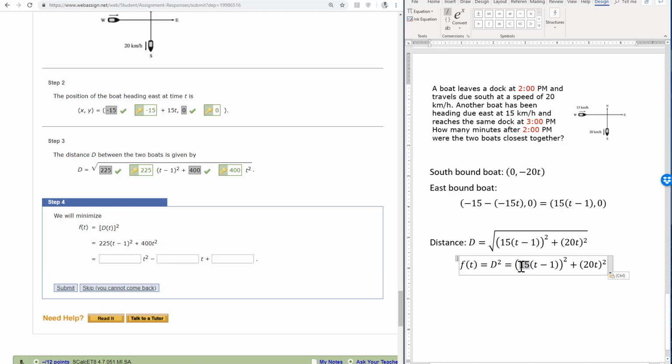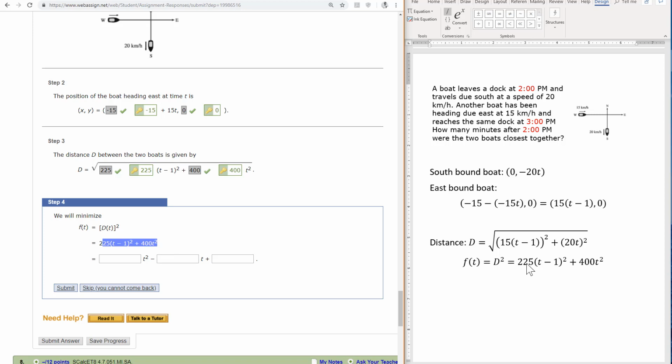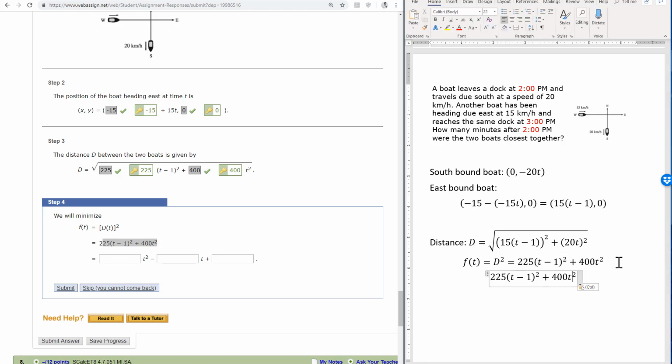So again, this is 225, and this is t minus 1 squared, which, by the way, we can probably FOIL out. And this is going to be 400 t squared. And so this is what they have now, and then we're going to go ahead and FOIL this out so that we can have a nice function to work with.